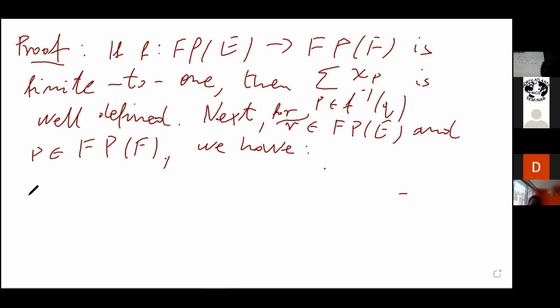I just apply the definition of my pullback map, F star of chi P, and I want to understand what it does on a path R. Well, I just use this definition, and I think here I changed the notation. So this should be Q, and this should be P.